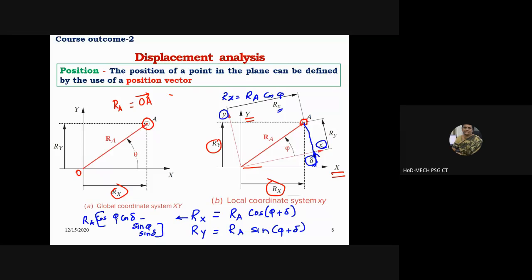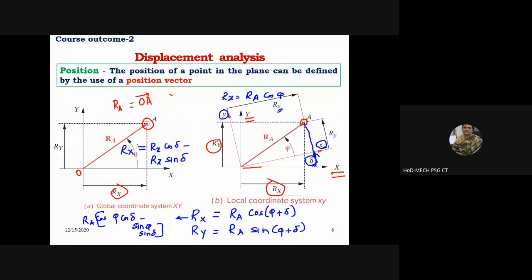So this can be expanded. RA cos phi cos delta can be written as small rx cos delta. So capital X can be written as small rx cos delta minus small ry sin delta.